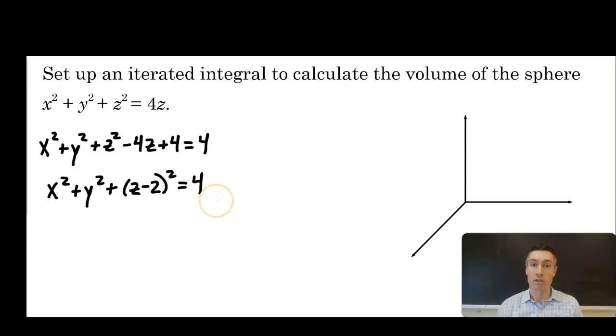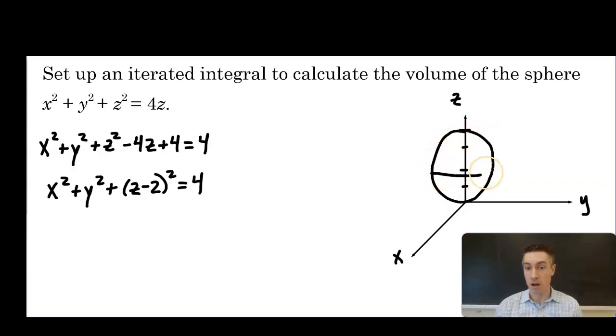So we have a sphere that's just not centered at the origin, radius 2. So if we drew this out, so 1, 2, 3, 4. So our center would be there, and our sphere is going to sit above the xy plane.